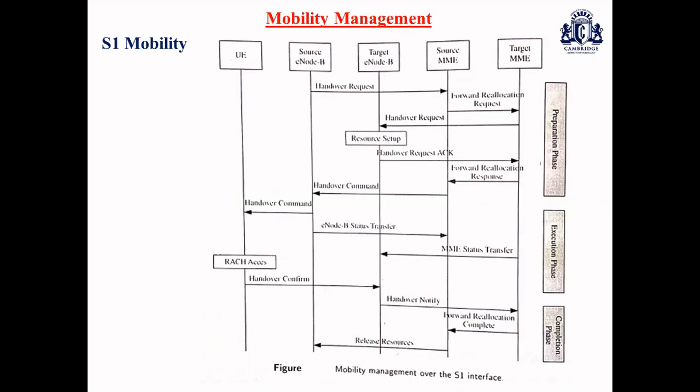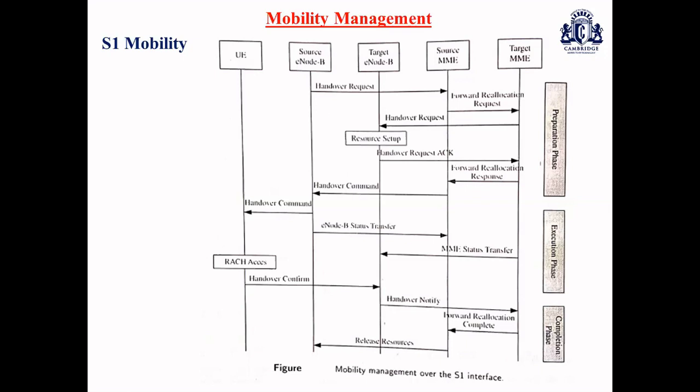In the first, preparation phase, once the decision has been made for handover and the target MME and eNode Bs are identified, the network needs to allocate the resources on the target side so that the target is ready for accepting the resources.